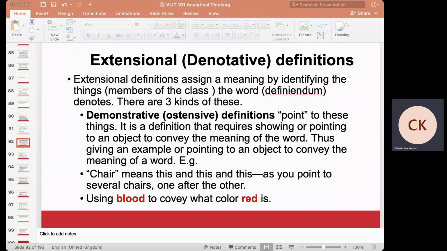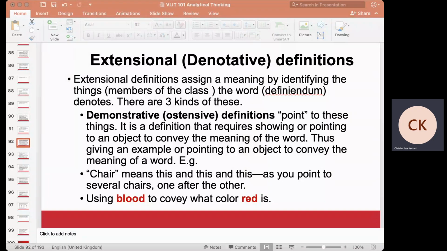For example, chair means this and this and this, as you point to several chairs, one after the other. So even where you are sitting right now, you can help me point to all the things around you that you refer to as chairs. Okay. So you say this is a chair, that is a chair.